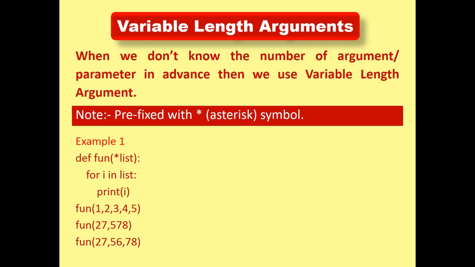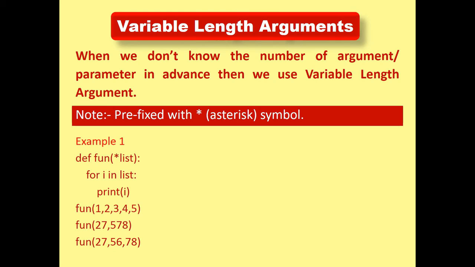It means that in a function header, along with the name of the variable, when we mention the asterisk symbol, it means it accepts n number of arguments. For example, in example number 1, the name of the function is fun.